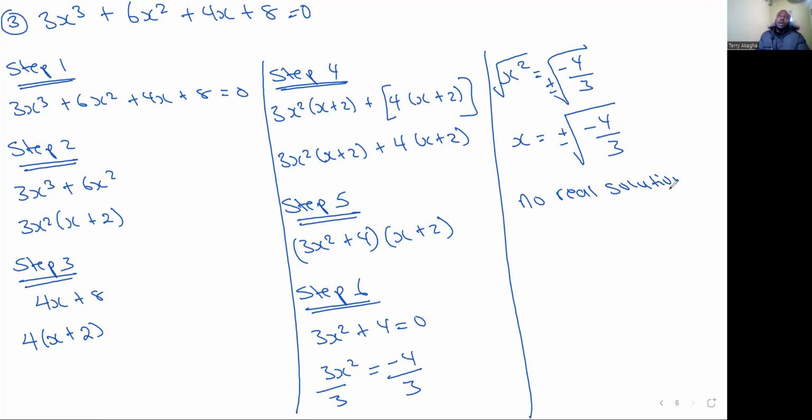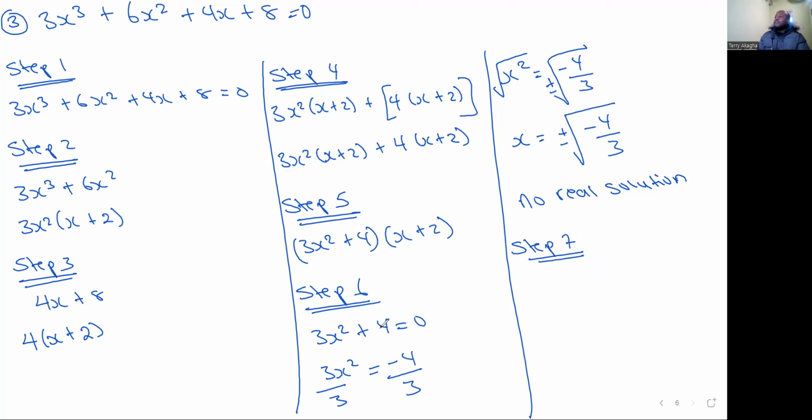But we'll talk about imaginary numbers later, in another video, where we'll talk about how to solve this kind of case where the square root is minus. But in this video, I'm not going to talk about that. So I'm going to just write no solution. So that means there's only one solution we have here.